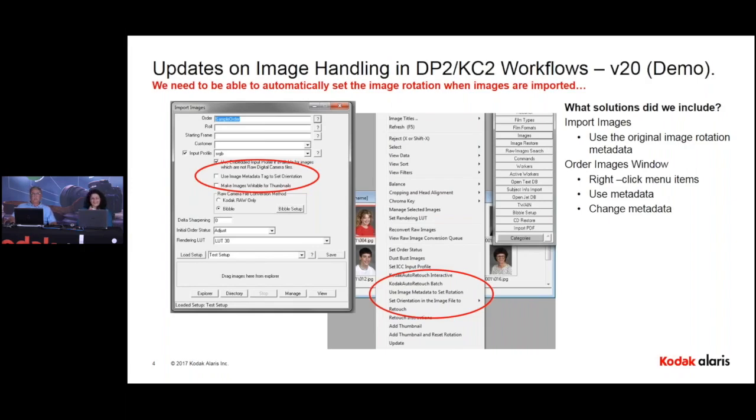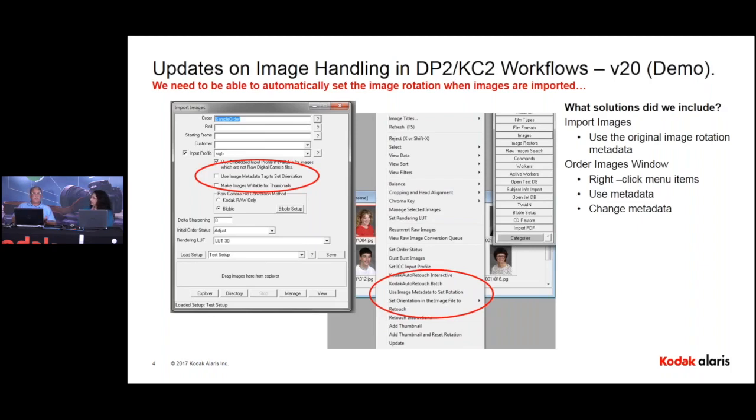That's right. Now that's the entry that's been there in DP2 for several years. And I think it's very seldom used, and it really should be very seldom used. But if you have the need to set the rotation metadata flag in the image file for whatever reason, suppose you're sending the image out for retouching and you want to make sure that the metadata flag is set correctly for the retouching app, here's a way to do it.